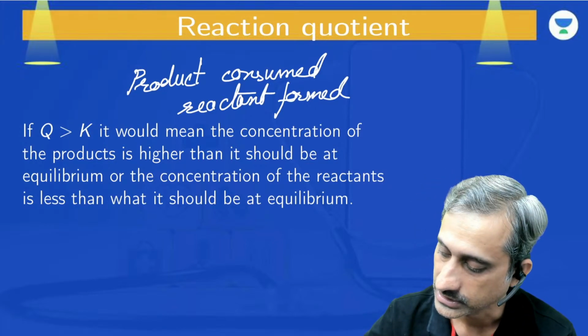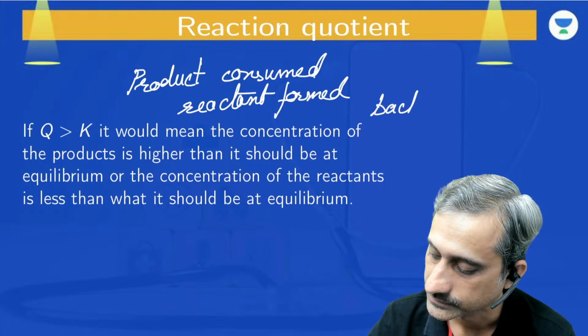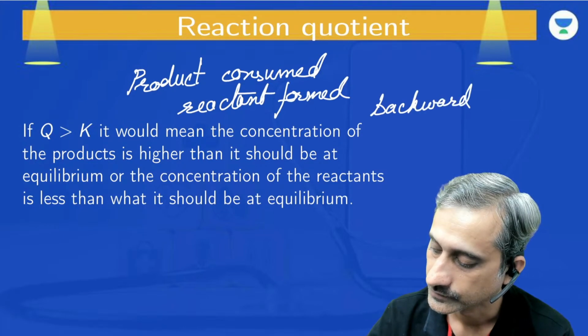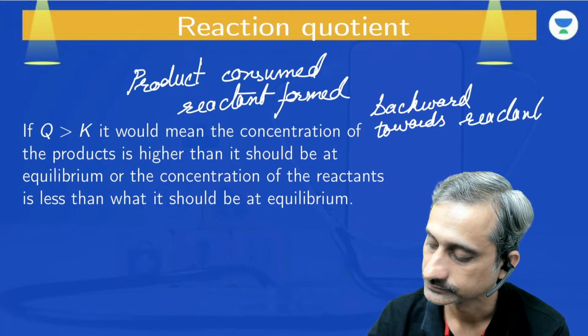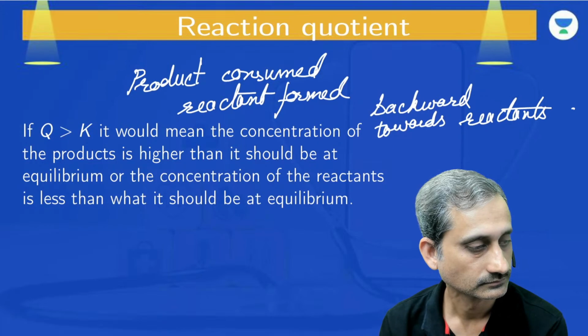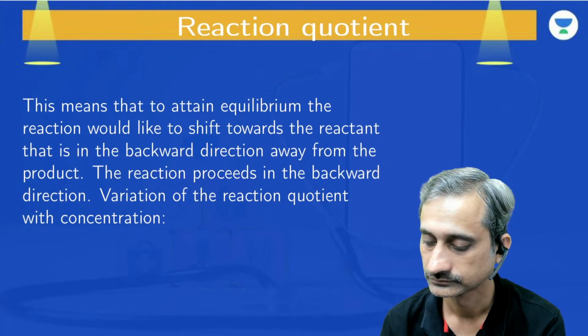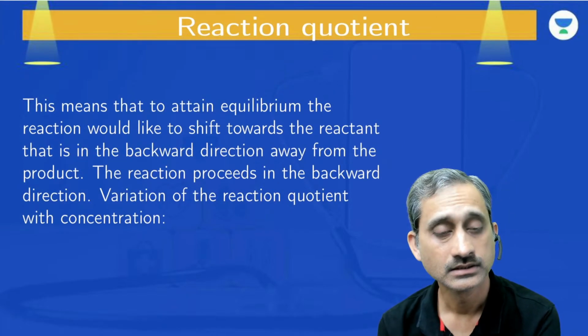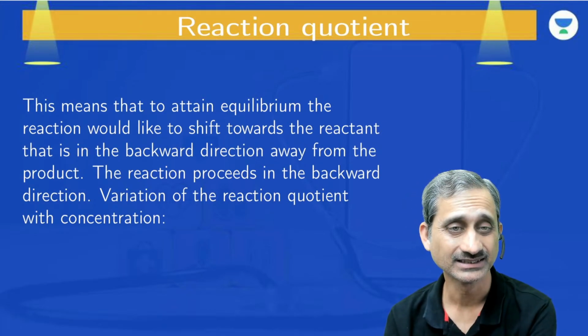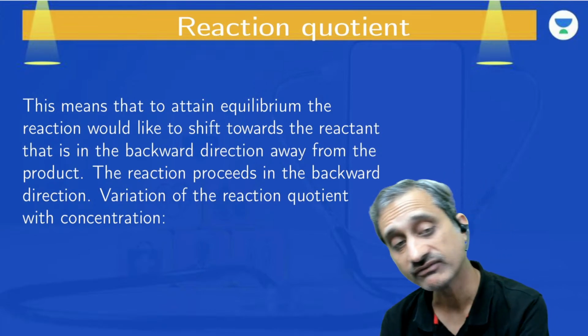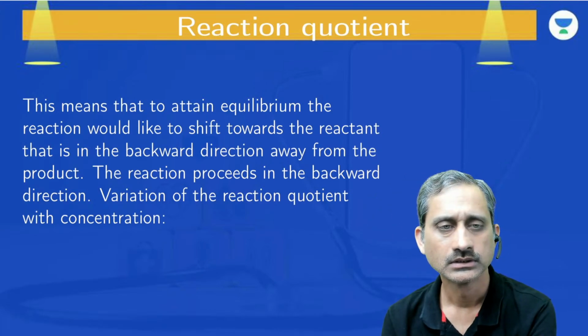So here it is backward, meaning towards reactants. Is this clear? This means that to attain equilibrium, the reaction would like to shift towards the reactant, that is, in the backward direction, away from the product. Clear?